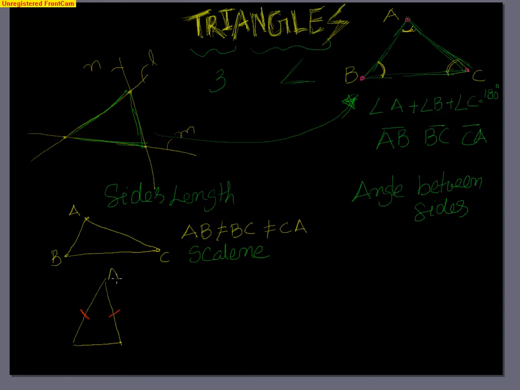We mean if this is A, this is B, and this is C, AB is equal to AC. And this triangle is known as an isosceles triangle. Are you with me? Bear with me, I have a little bit of a cold.